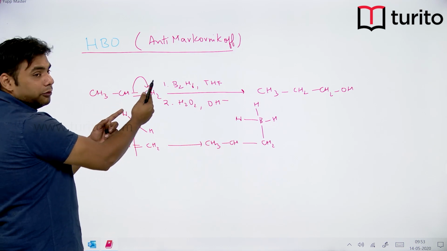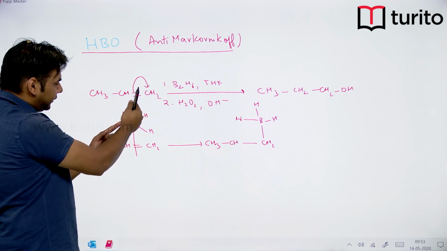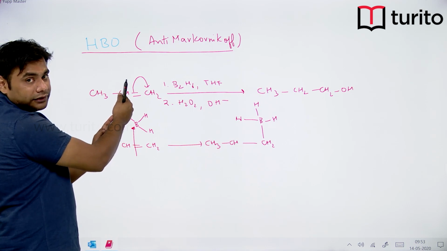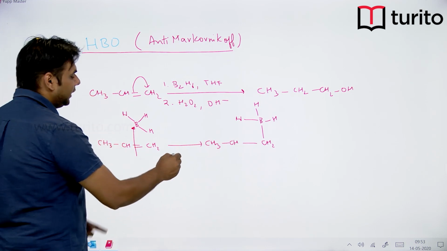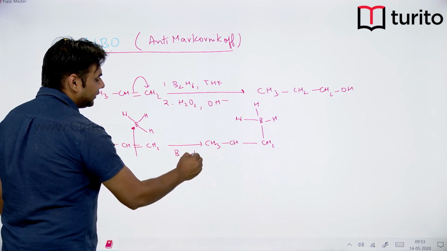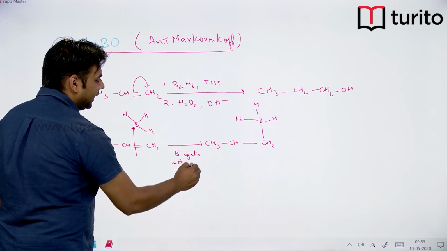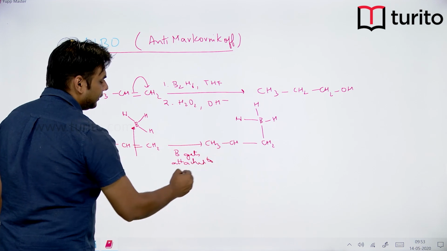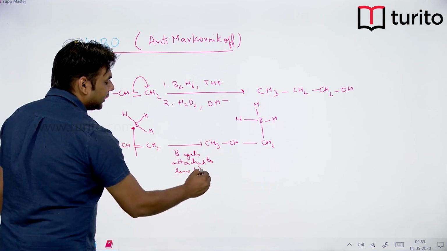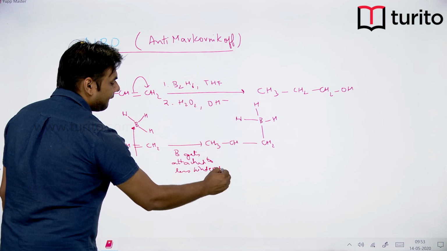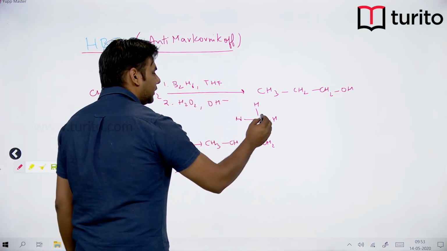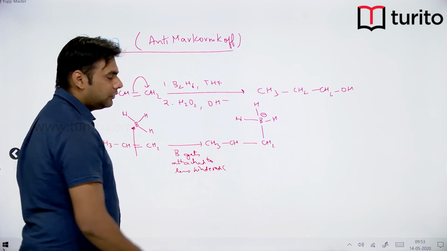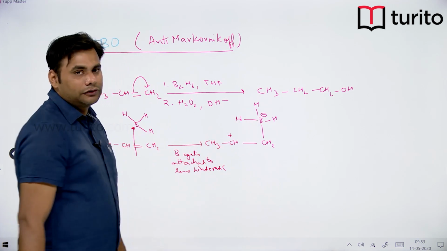This negative will be more stable, because if you polarize the pi bond the other way, the negative will be unstable because of the inductive effect of the group. So what we are saying is boron gets attached to the less hindered carbon. Now this boron will have a negative charge because it is forming 4 bonds.